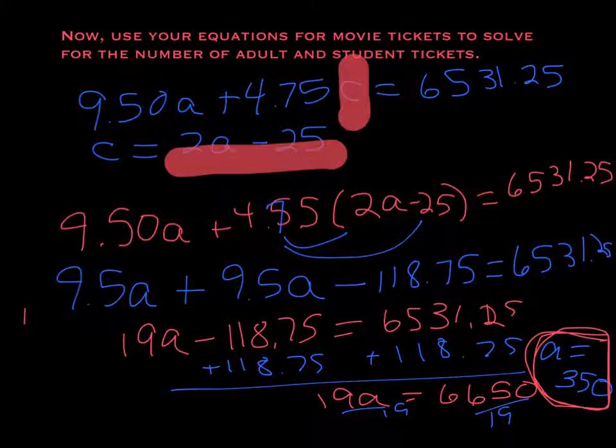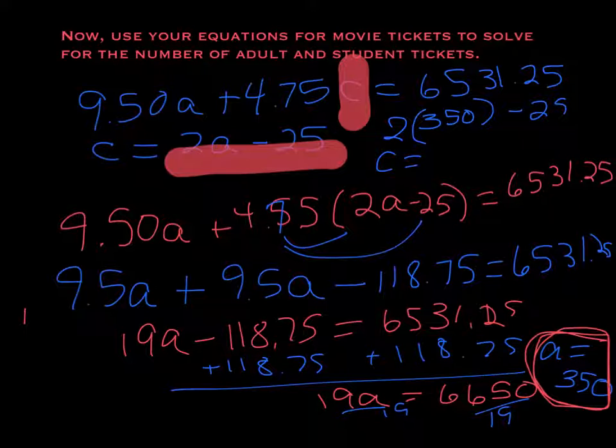The child's tickets, it says, was 25 less than twice the number of adults. So if there were 350 adults, I have to find twice that, which is 700, minus 25. So that means that the children's tickets were 675. And so there are my two answers.